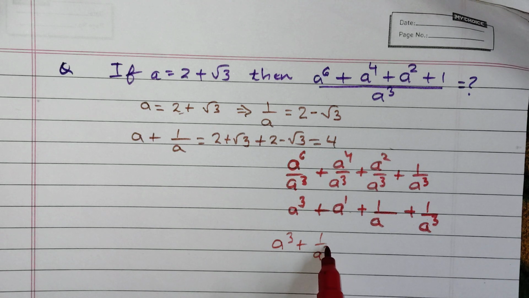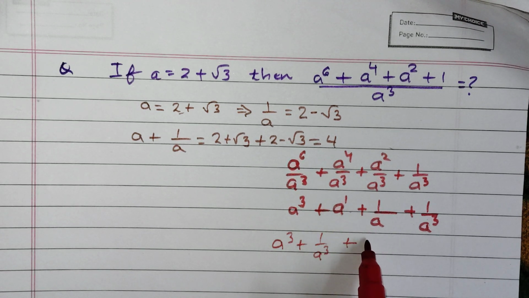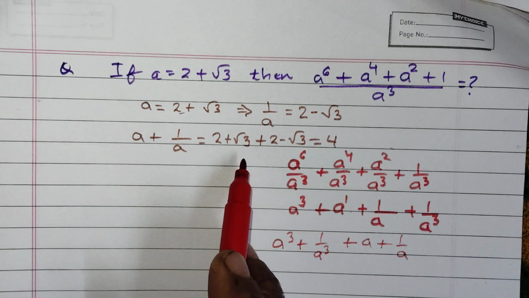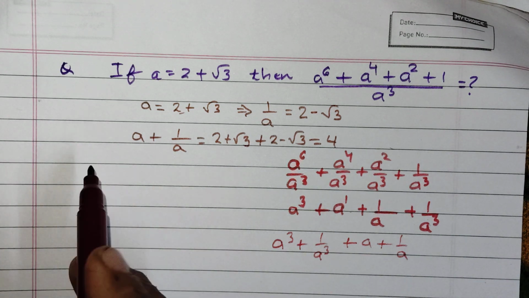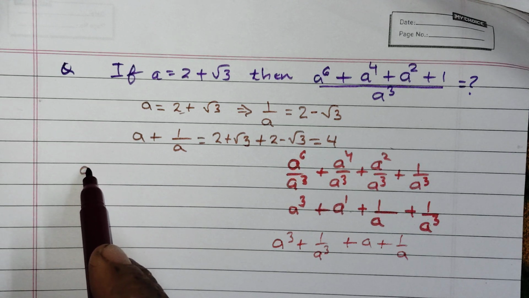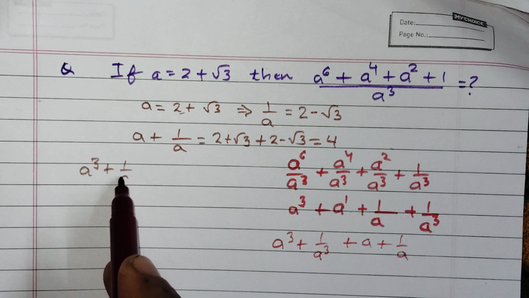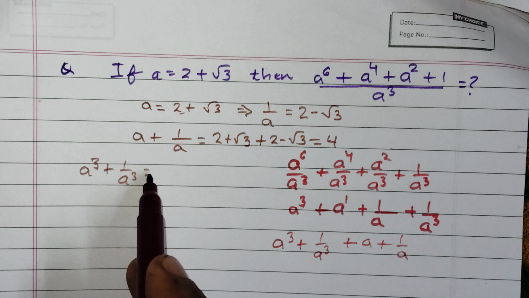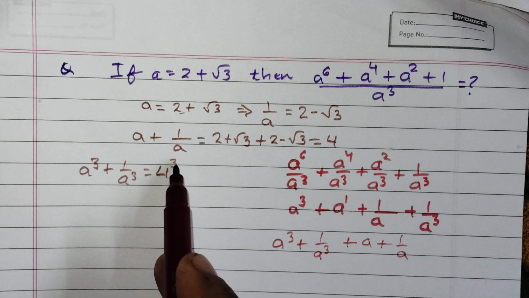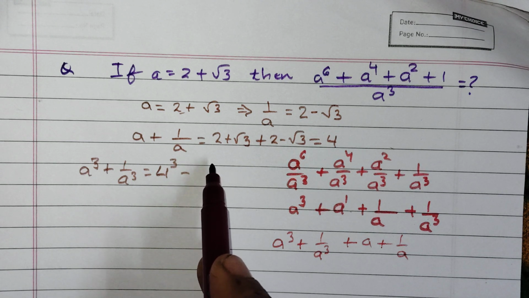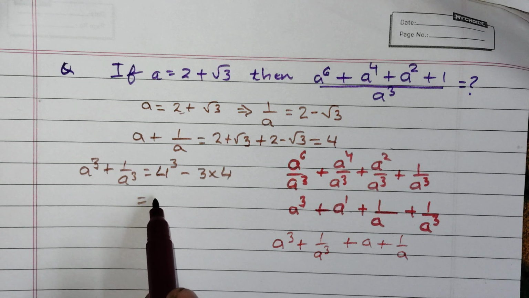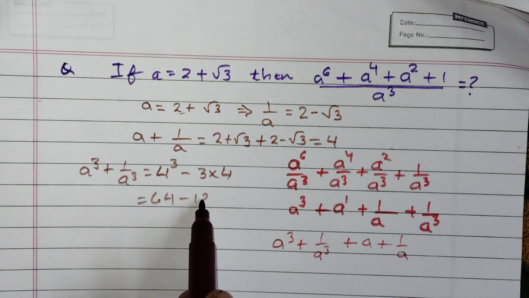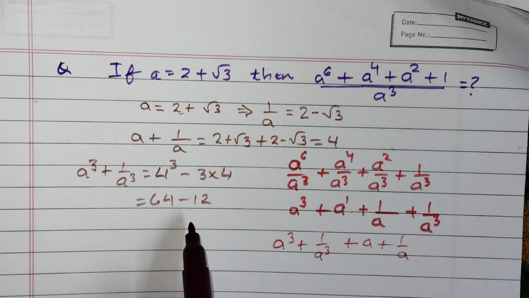We separate out the terms. Four terms are there. Then a plus 1 upon a we separate out, and we get a plus 1 upon a equal to 4. And we know that from this we can find a cube plus 1 upon a cube equal to 4 cube, then the opposite sign, 3 times this number 4. 4 cube is 64 minus 12, that means 52.